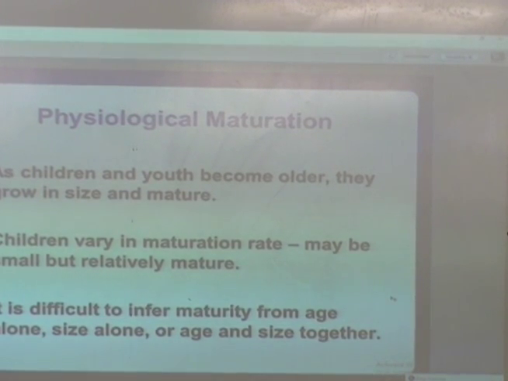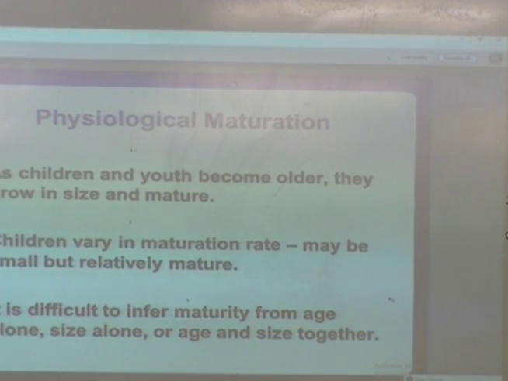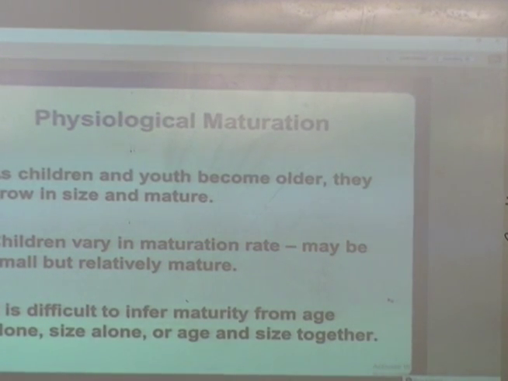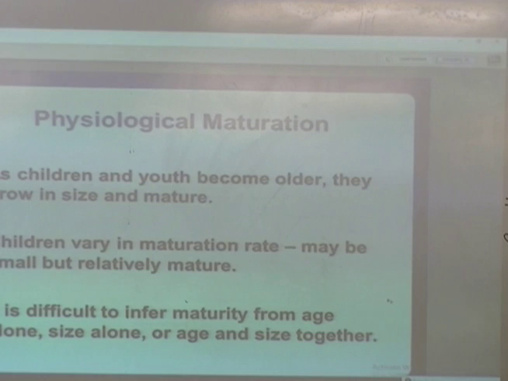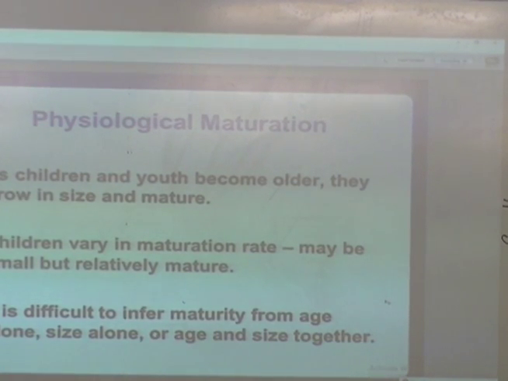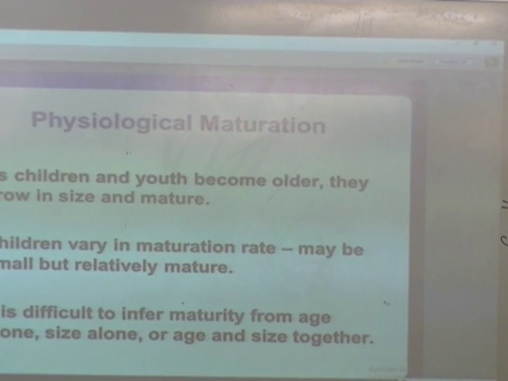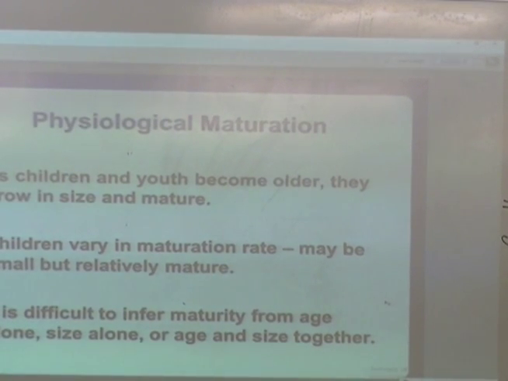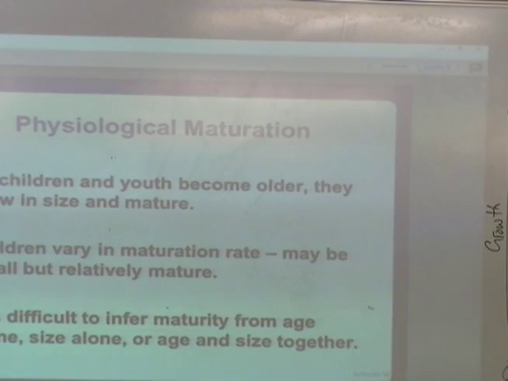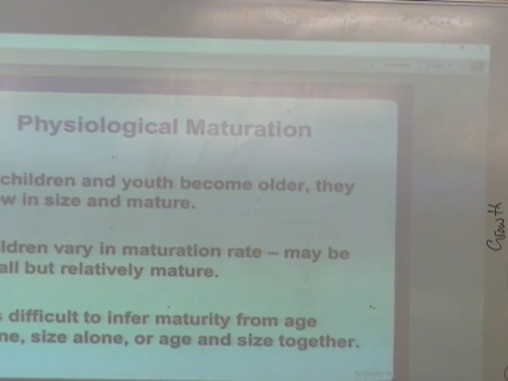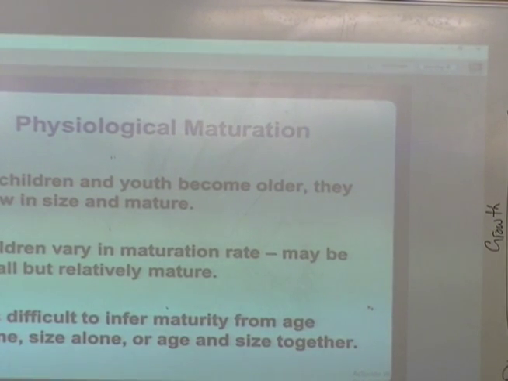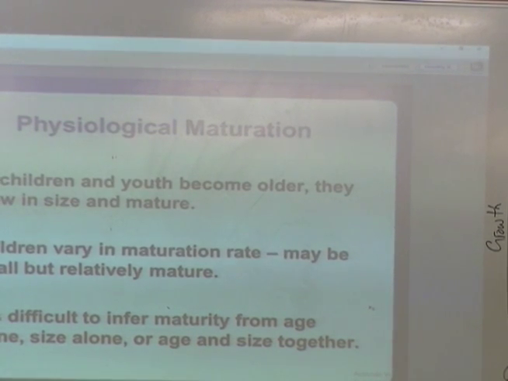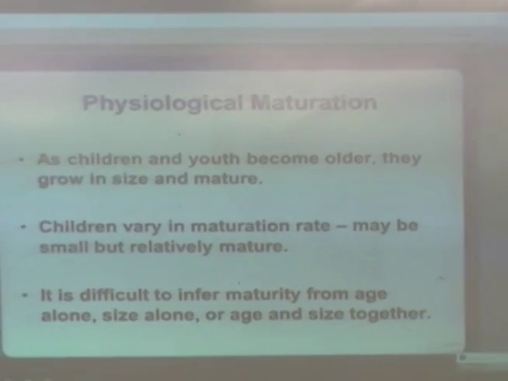Maturation rate is going to vary very distinctly between individuals. So a child may be very small in size, but relatively mature for their chronological age. You can't make an assumption because you can't see maturity. You don't have the equipment to test whether or not a system is physiologically mature.